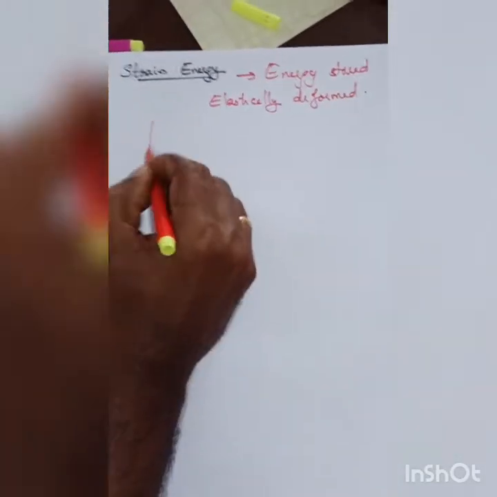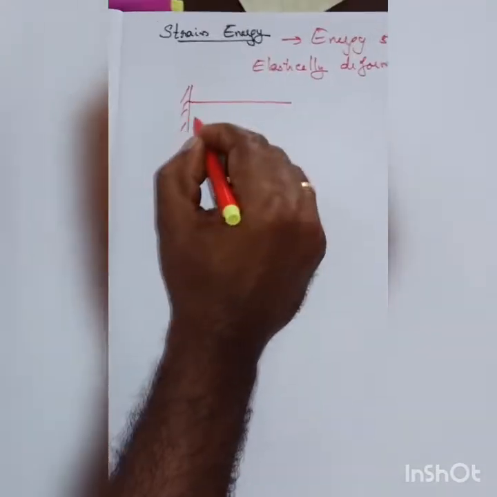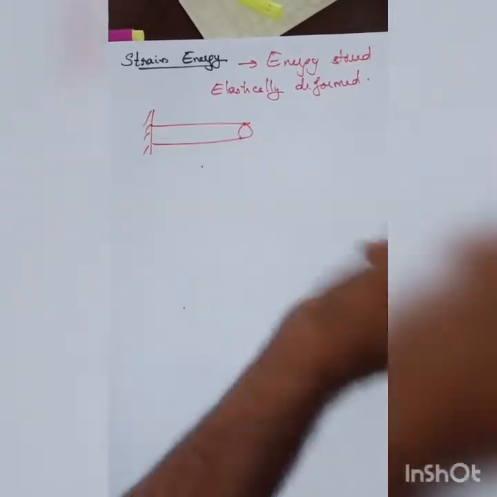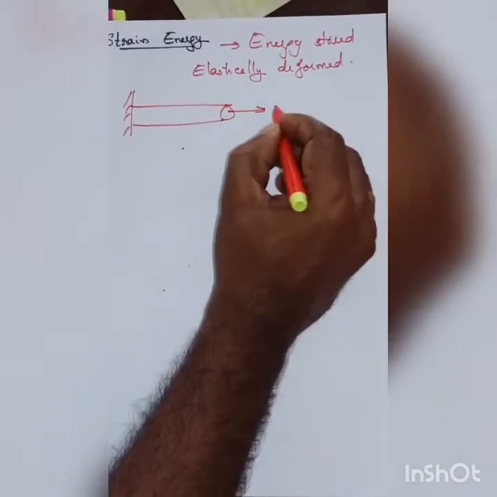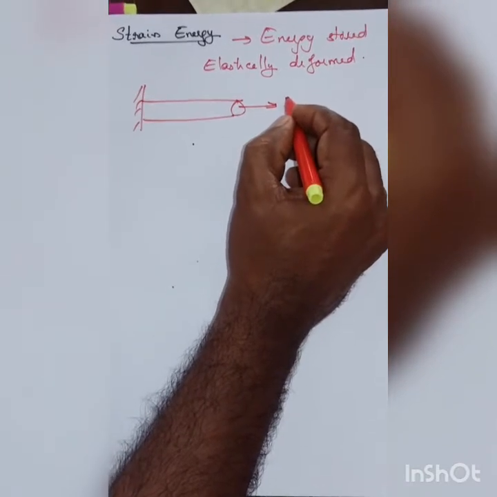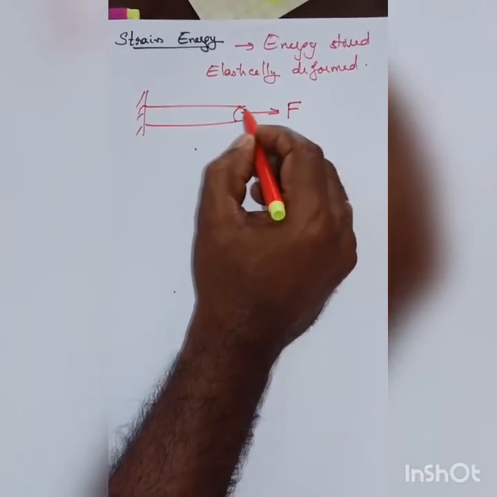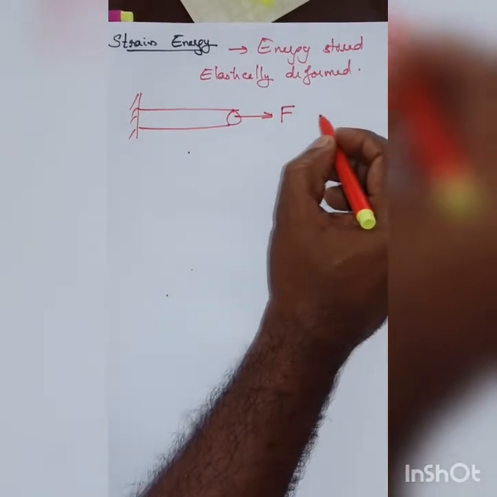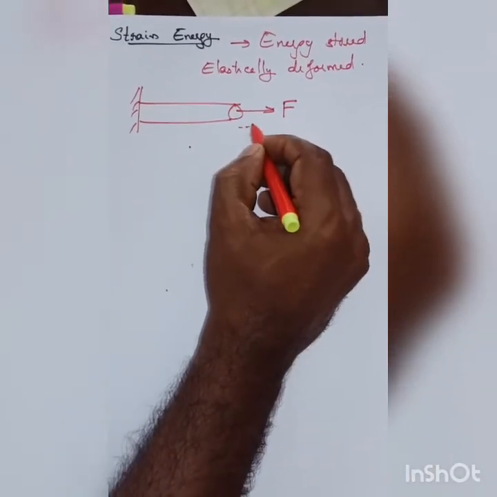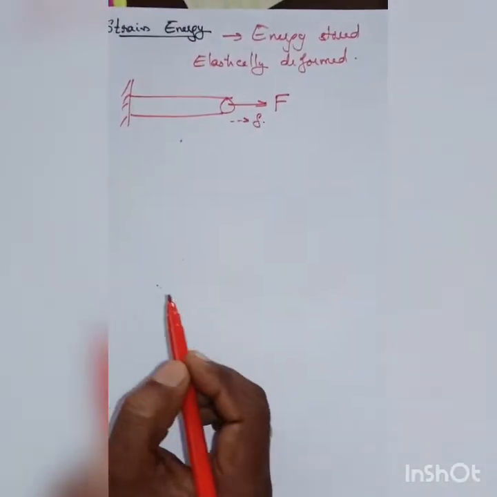For example, if you have a bar of any cross section subjected to a load F, it will get deformed by an amount, maybe delta.